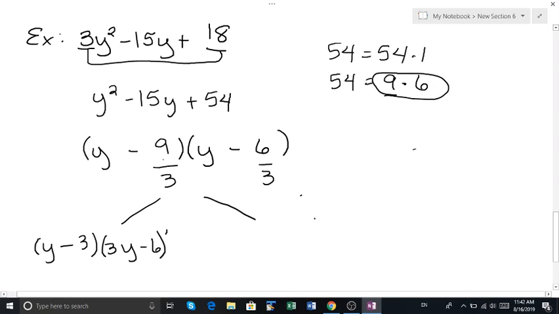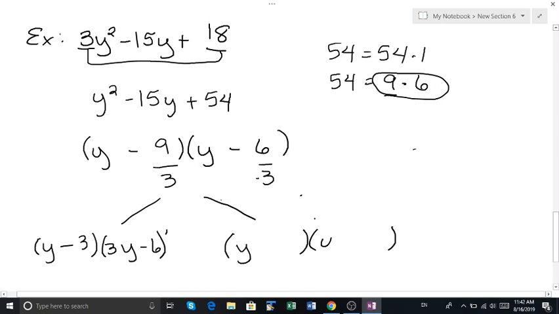So I took the 9 divided by 3 to get y minus 3 in the first set of parentheses, and in the second set of parentheses, I brought that denominator 3 underneath the 6 up in front of y and left minus 6.